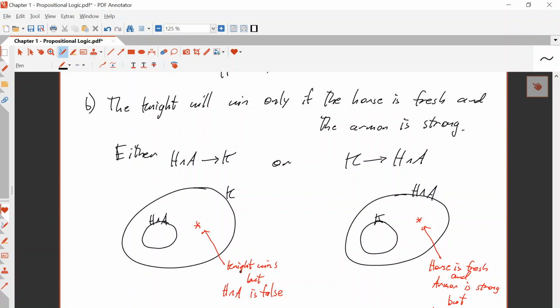This instance does. The knight wins, but he's got a tired horse or weak armor. So this one is incorrect. So this one contradicts the English statement.